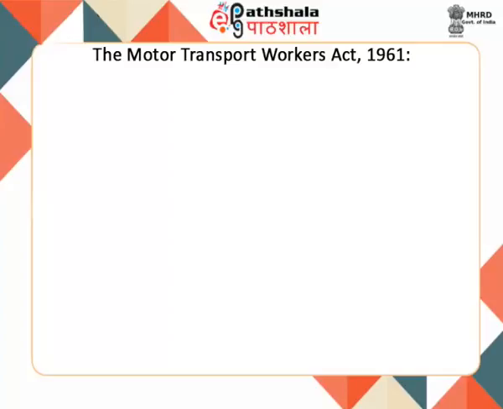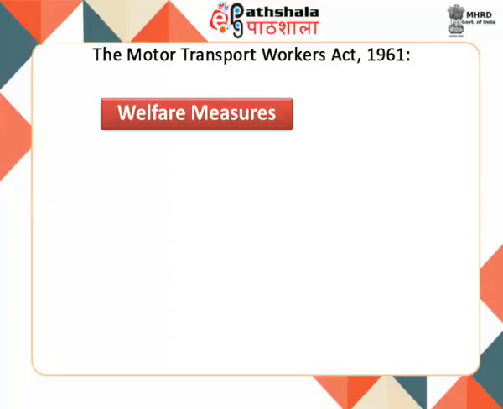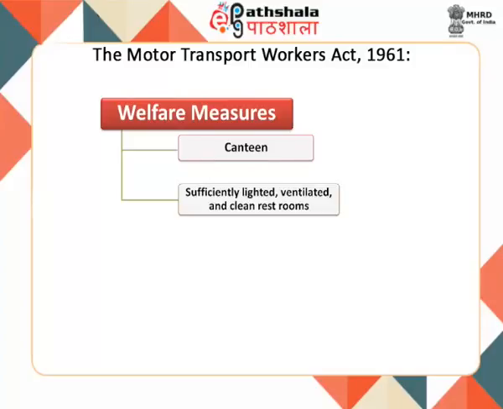The Motor Transport Workers Act 1961. Following welfare measures are prescribed under this act. Number 1. Canteen, where 100 or more workers are employed. 2. Sufficiently lighted, ventilated, and clean restrooms at every place where motor transport workers are required to halt at night. 3.